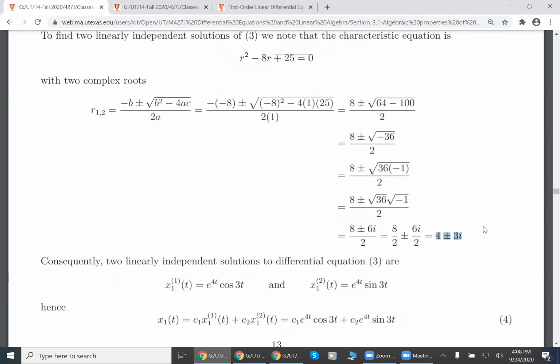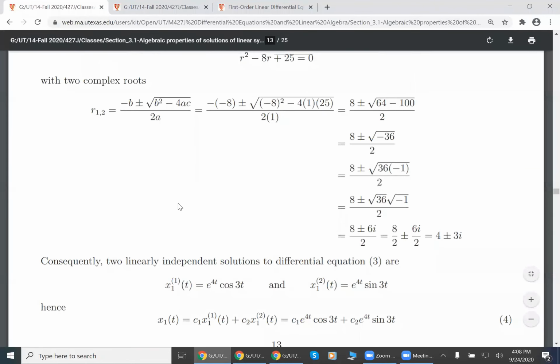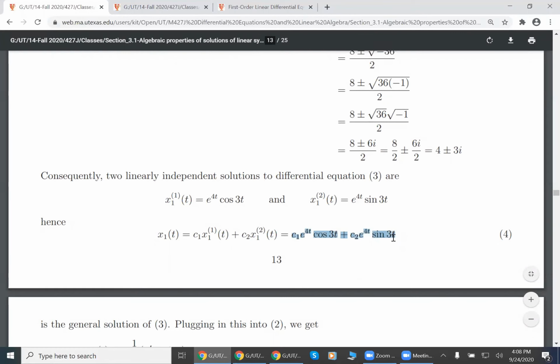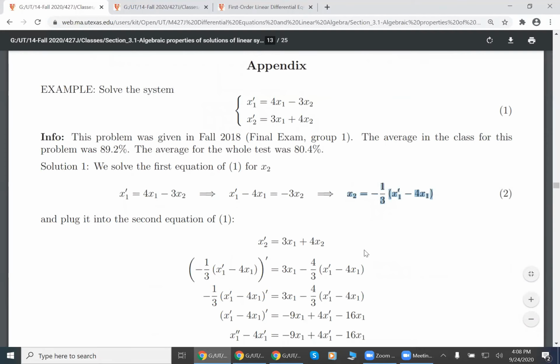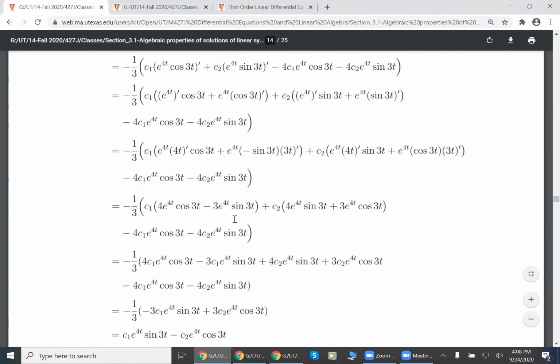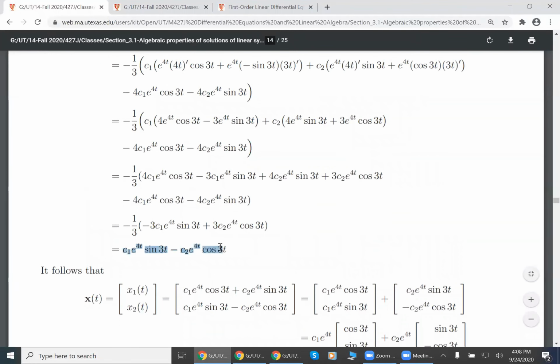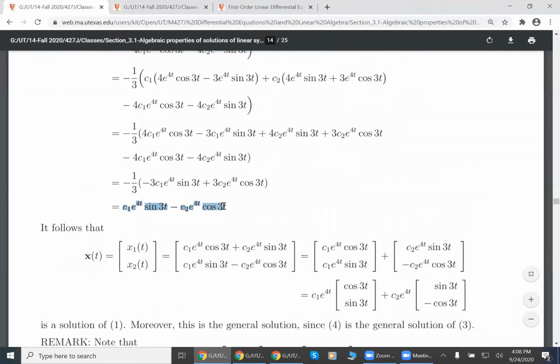These are complex roots, so it's case 3. Here is x1. Now plug this into this formula, and after all simplifications, there are lots of simplifications, we get x2. Over here, x2 is equal to this. We replace x1 by this, x2 by this. We split into two pieces. We factor out constants, done.